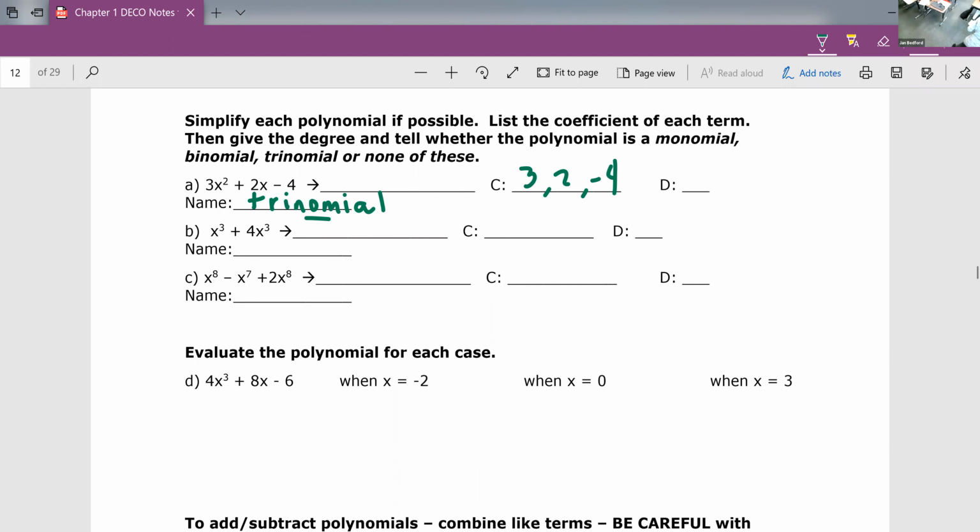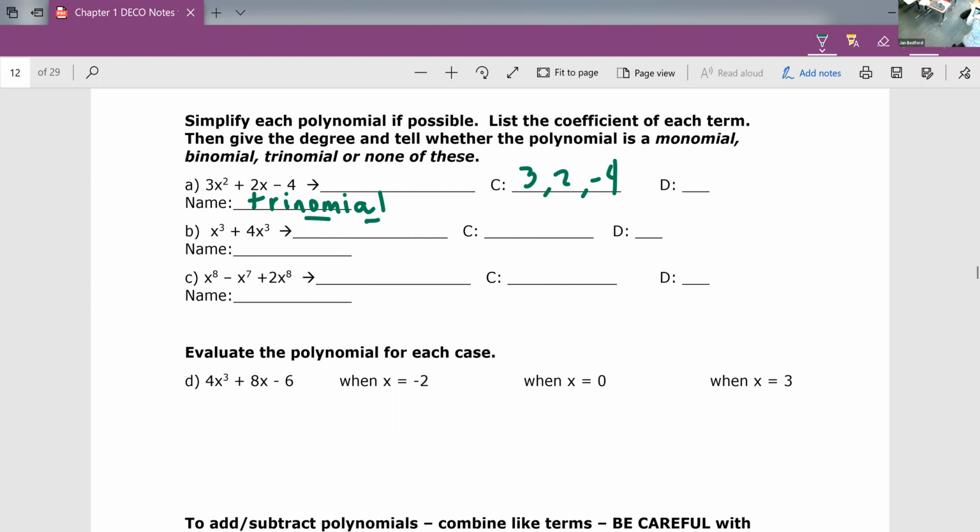Now, can we simplify B? Do we have like terms? Yeah. Ooh, so what is this going to turn into? Well, if I combine them, what does it turn into? As far as the name, let's go ahead and write what it is first, then you can tell me the name.